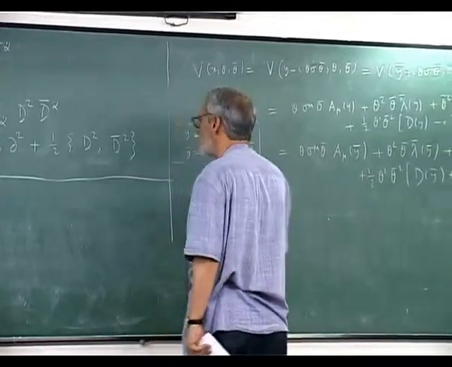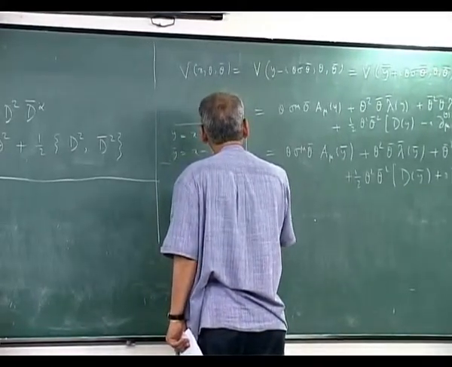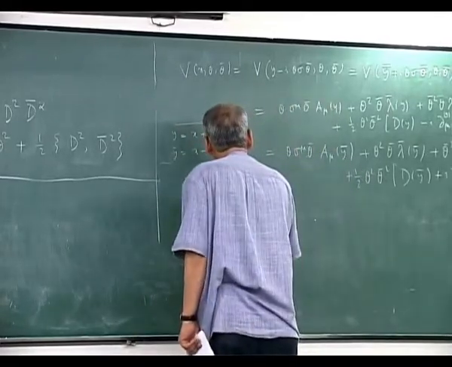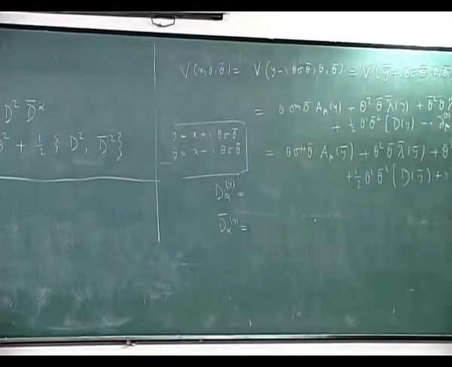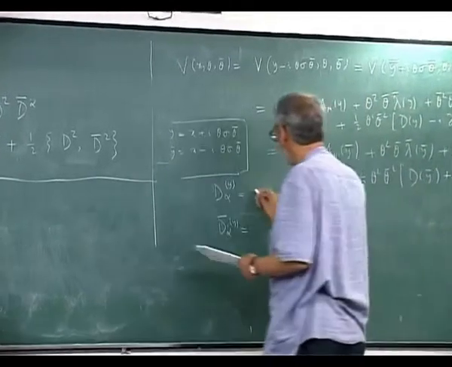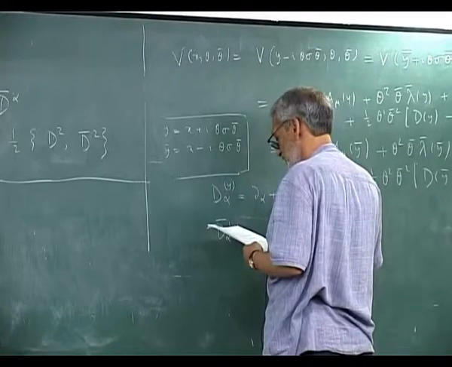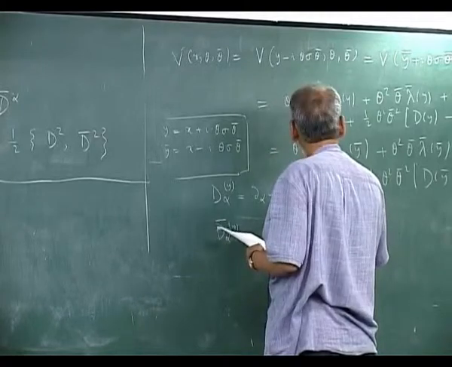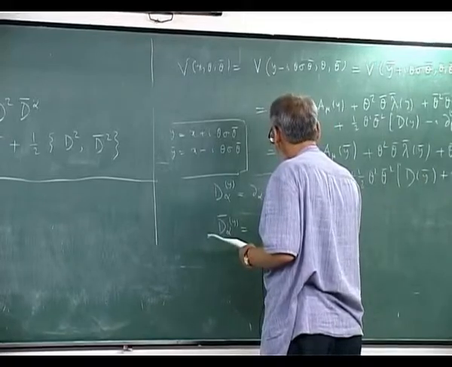Remember, at some stage I had given an expression for the covariant derivative D as a function of y and covariant derivative D bar as a function of y. This object was D alpha plus twice i sigma mu theta alpha d mu y, and this object was simply D bar.